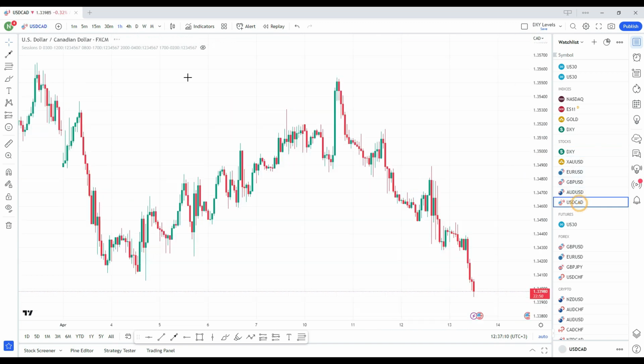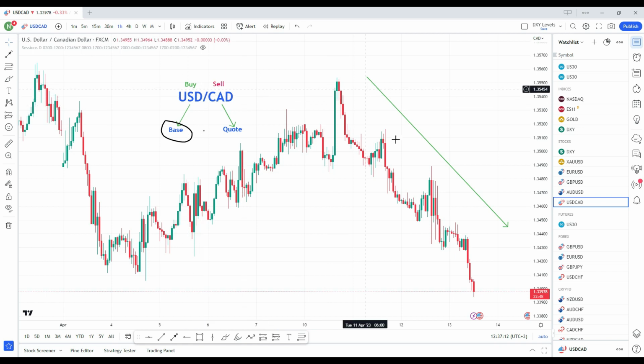So any pair that starts with the dollar, you will be selling the dollar and buying the other currency. In any case, whenever you're doing any trade, you are doing two transactions simultaneously in one trade. Whenever you're on a sell, it means you're selling one currency and buying another at the same time.